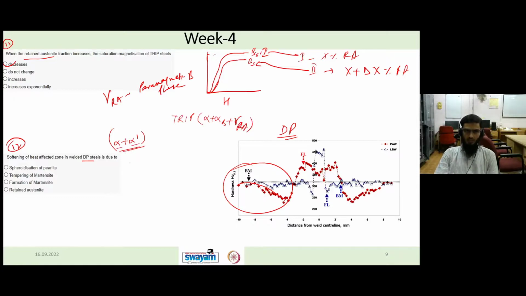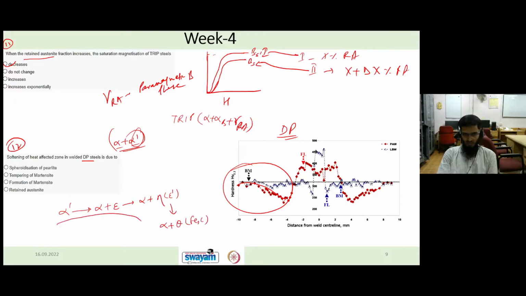So what happens here is this martensite will get tempered. So the martensite will transform to what? Ferrite plus epsilon carbide, and then further it will transform to ferrite plus eta carbide, or we can say e prime, and then it will transform to ferrite plus theta, which is cementite Fe3C.